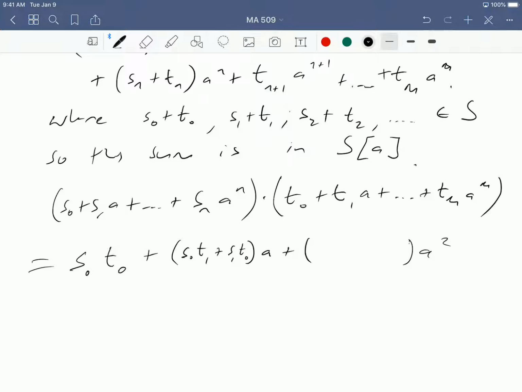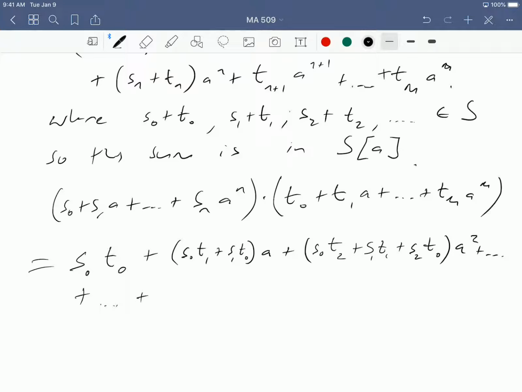I would get a squareds from an S0 term times a T2 a squared. And I would get more from the S1 T1, and I didn't leave myself quite enough room. I would get another a squared from the S1 a times T1 a, and I would get another a squared from the S2 a squared times T0. All right, so my a squared term will end up looking like that, and this continues.